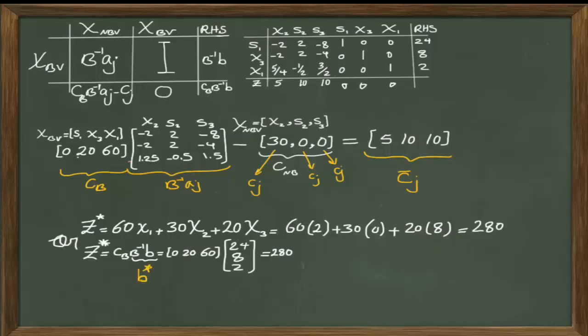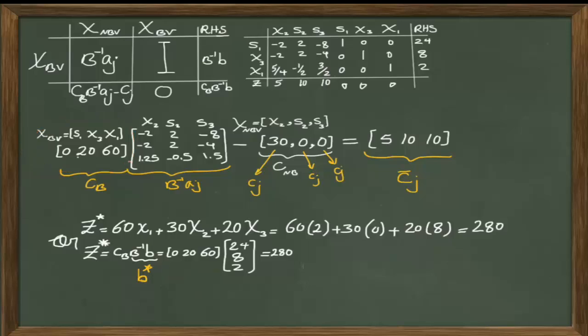But let's try the calculation of objective function using the CB B inverse b. As I mentioned earlier, the B inverse b is our right hand side. Remember, we used the B inverse b to calculate this part, so I don't need to recalculate that section. So I just copy the B inverse b here and multiply it by CB. Remember, CB was the coefficient of basic variables in the objective function.